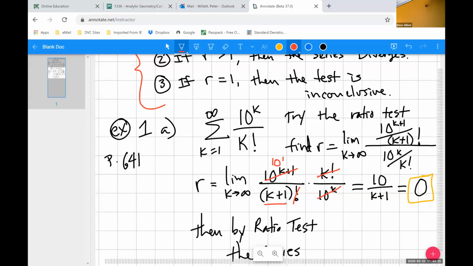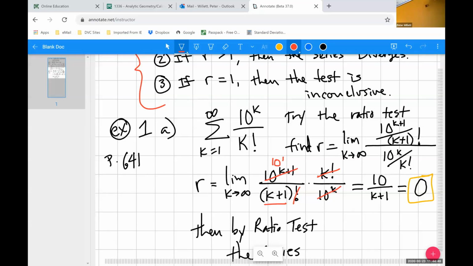Literally, the bottom grows so much more quickly that these terms go to 0 very fast once you get past a certain point. That's what I was trying to recommend you begin thinking about, that the power of the k factorial is huge. Basically, you keep multiplying by a 10 in the top of the fraction. But as soon as k is bigger than 10, you're multiplying by more than 10 in the bottom.